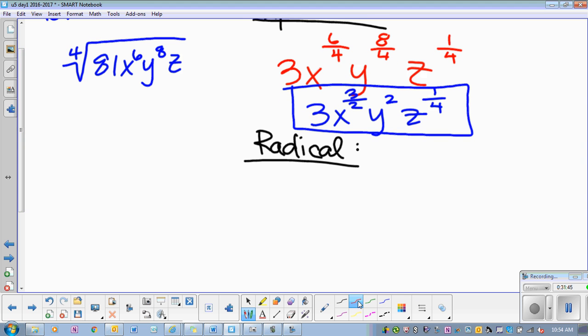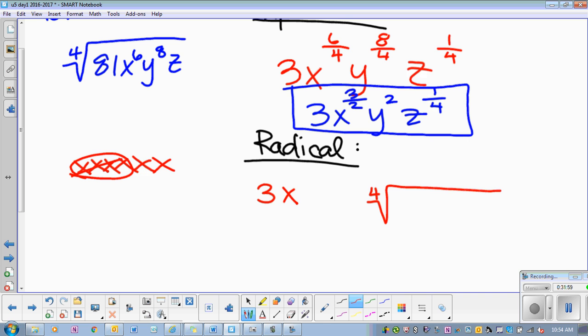All right, so the radical form. Let's see, if I have 6 x's, group of 4 here, so one group comes out, I have 2 left over inside. Okay. Now the y's, I have 8.